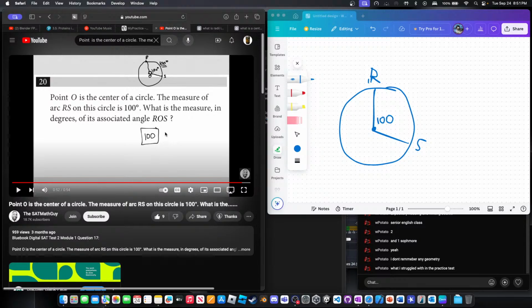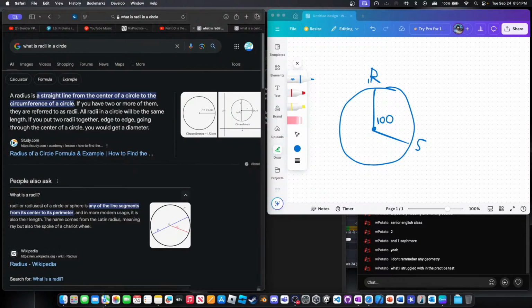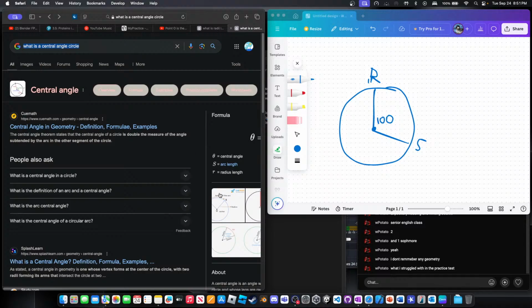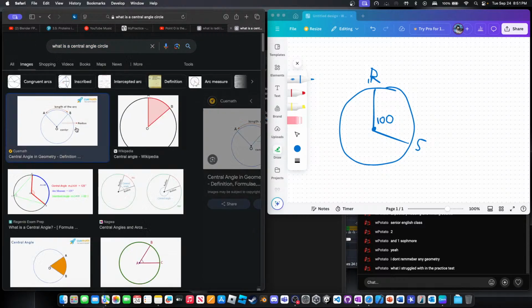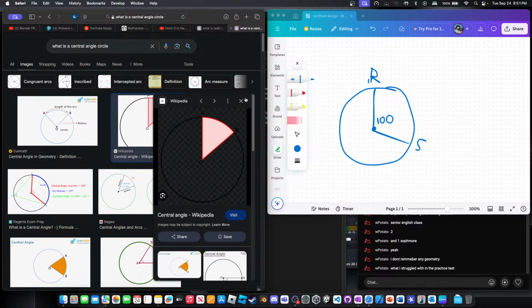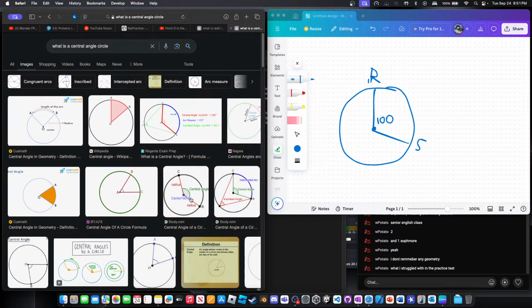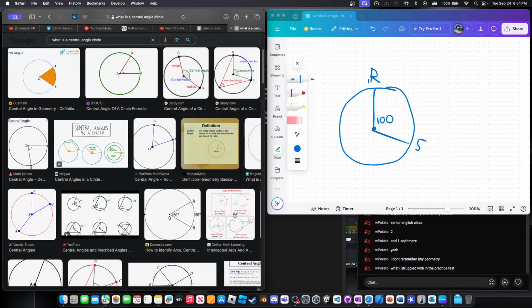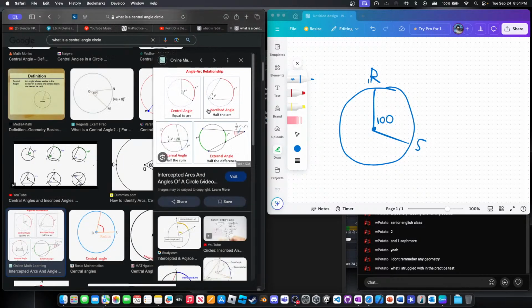Wait. The arc? What is an arc? A central angle. Wait. Okay, that's the vertex. Cool, I know what the vertex is. Oh, okay, so central angles.